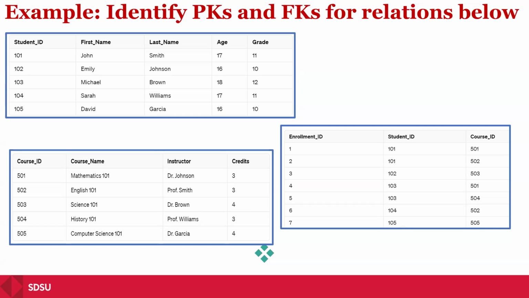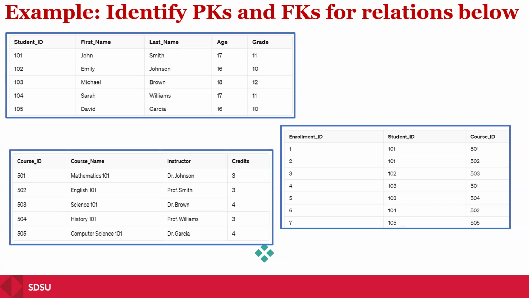If you remember, we talked about finding similarly named attributes or columns that have similar data, and those most likely are going to be primary keys and foreign keys. I'm going to pause the video for a second and then I will give you an answer.